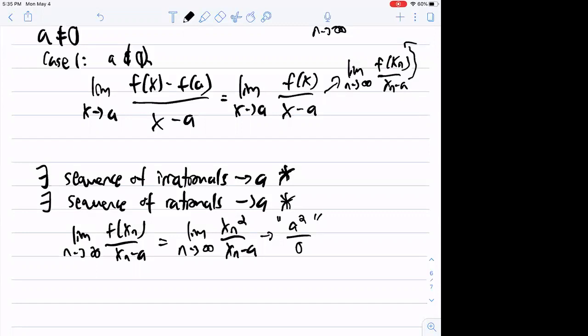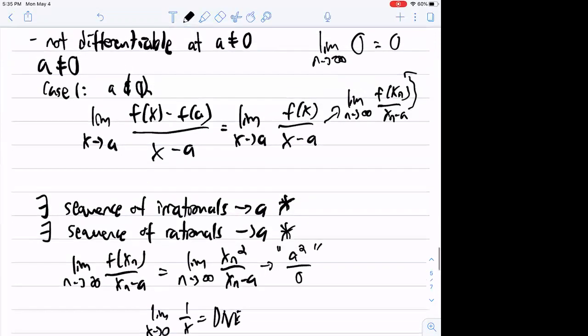Whenever you have a nonzero number over 0, like 1 over x at 0, the limit does not exist, because the limit from the left goes to negative infinity and from the right to positive infinity. But in either case, all we care about is that this thing does not exist.